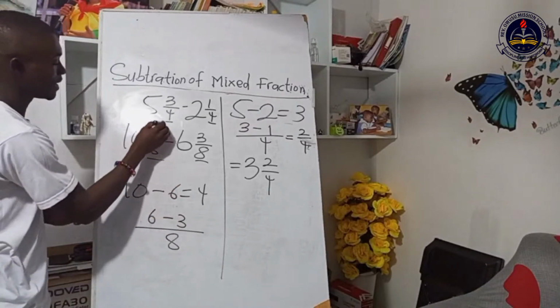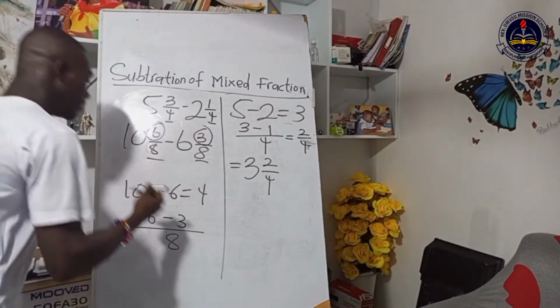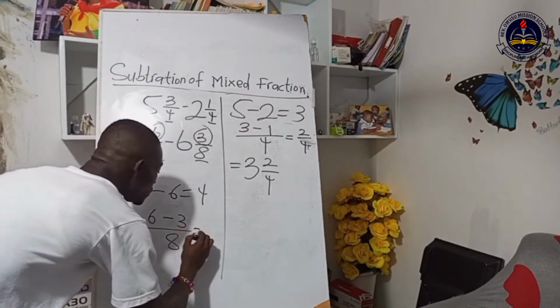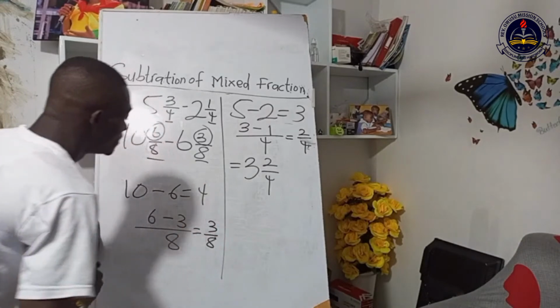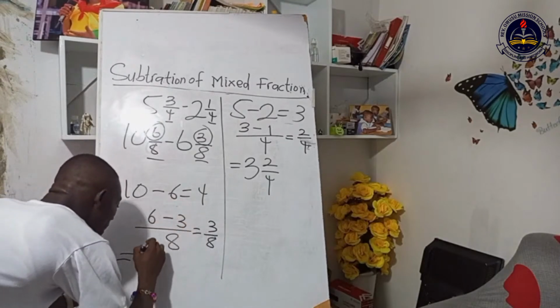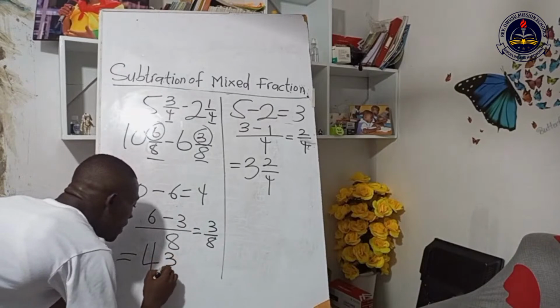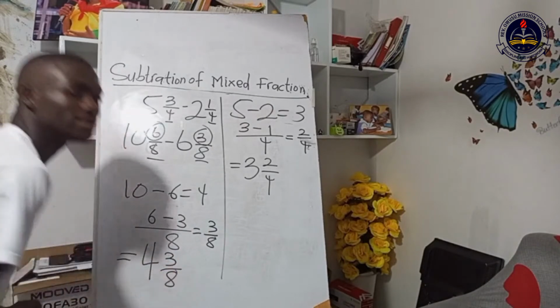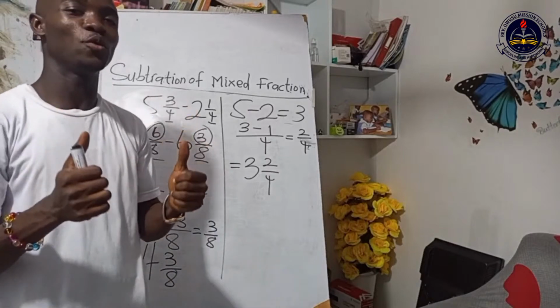The top number here minus the top number here. So this is equal to 3 over 8. So our final answer for this example is 4 whole number 3 over 8. That's all. Then we are good to go.